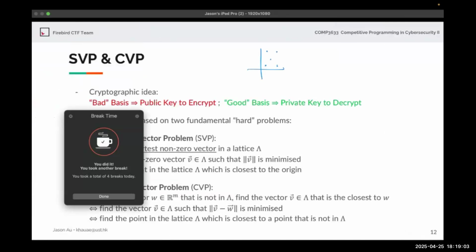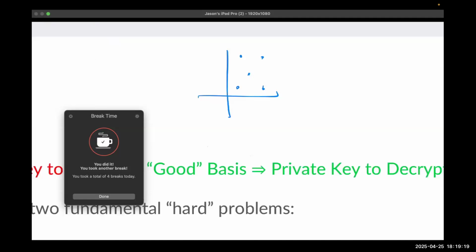And it's in a very high dimension. If we have the private key or the good basis, it's very easy to find all the points in the lattice. So in a very far away place, we randomly select a point here, and then we shift it a little bit here. So this green dot is not on the lattice.